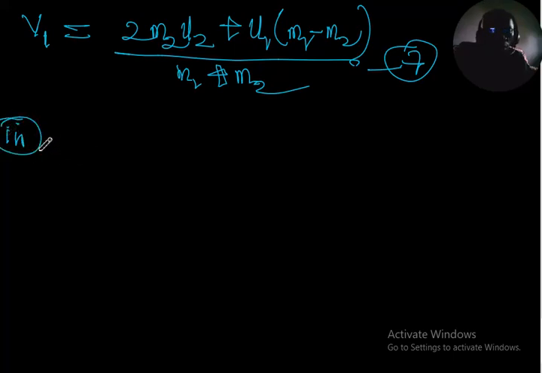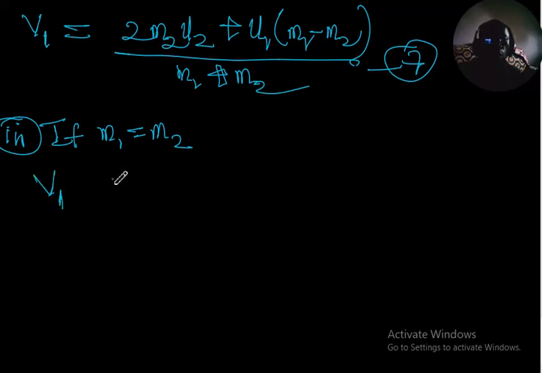For Roman figure 3, we're told that if M1 now equals M2, that is in equation 6 and 7. Let's start with the last equation, equation 7. Get an expression for V1. Anywhere you see M1, turn M1 to M2.